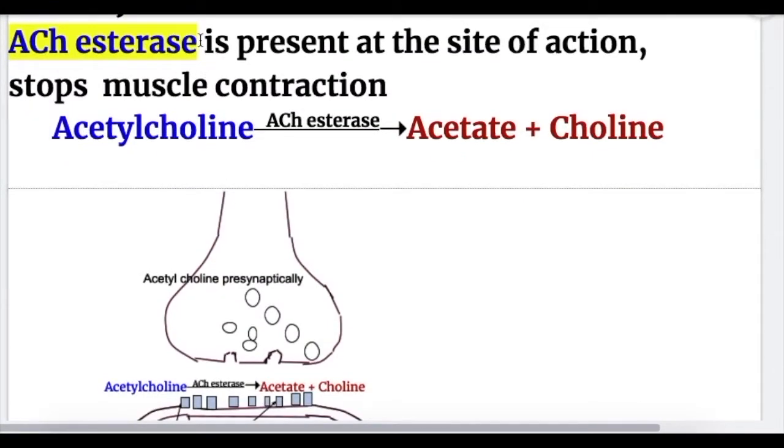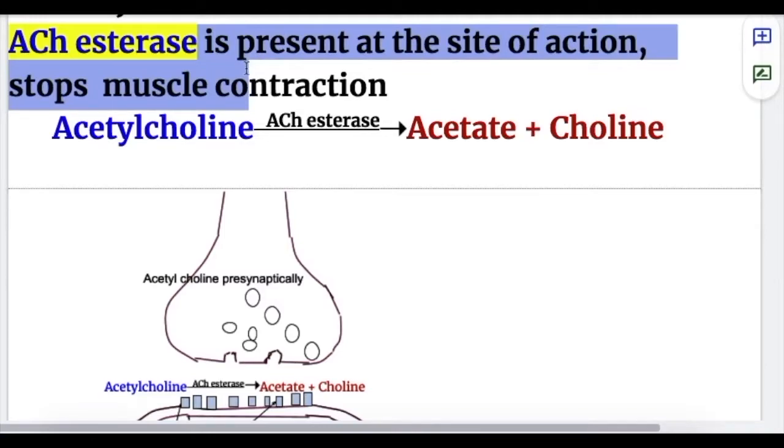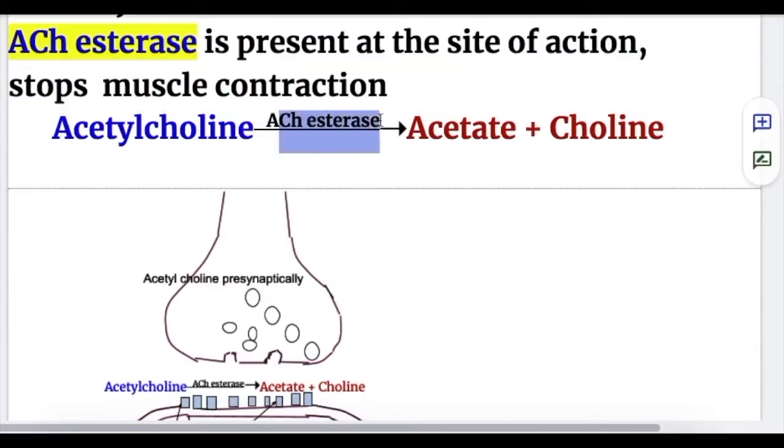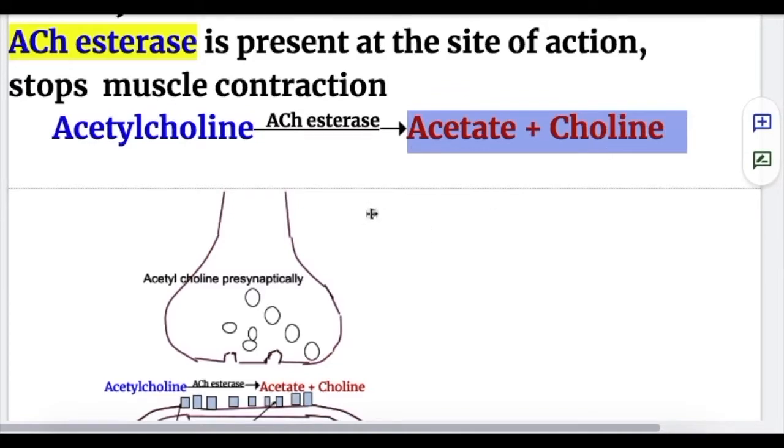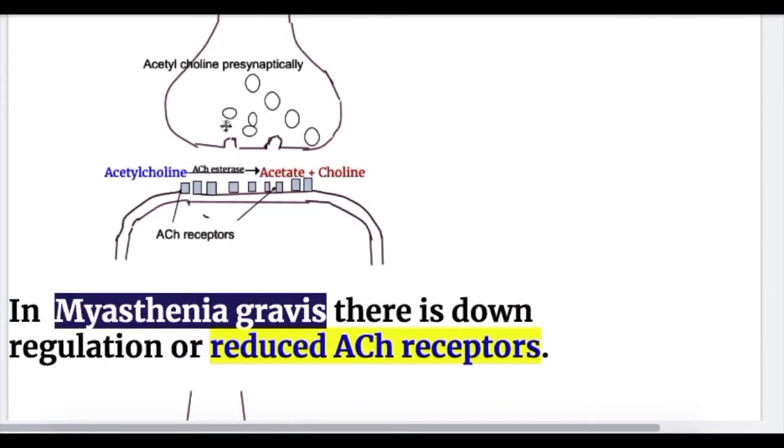Acetylcholine esterase is present at the site of action and stops the muscle contraction. Acetylcholine esterase acts on the acetylcholine when it's produced, and it converts it into acetate and choline. So here it is. This is the acetylcholine, and this present here is acetylcholine esterase.